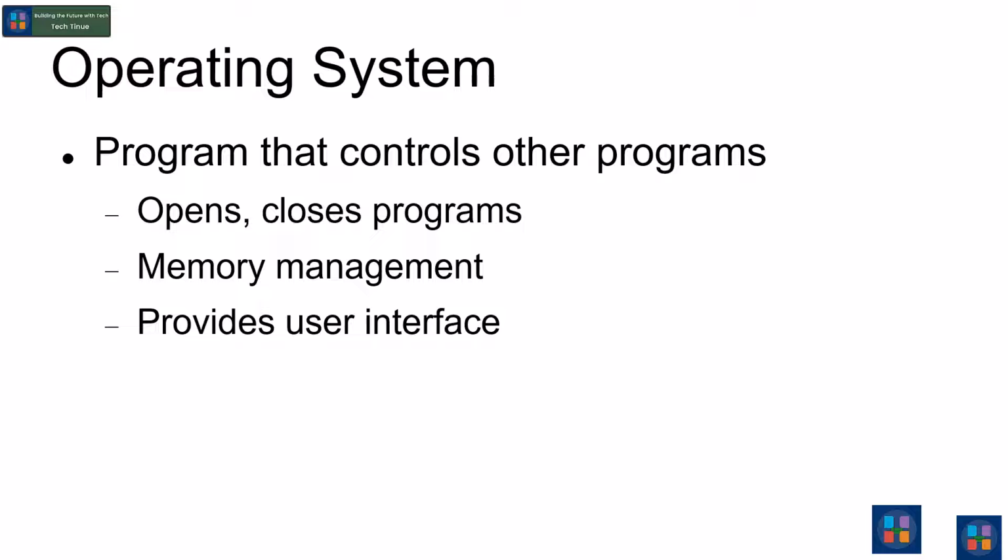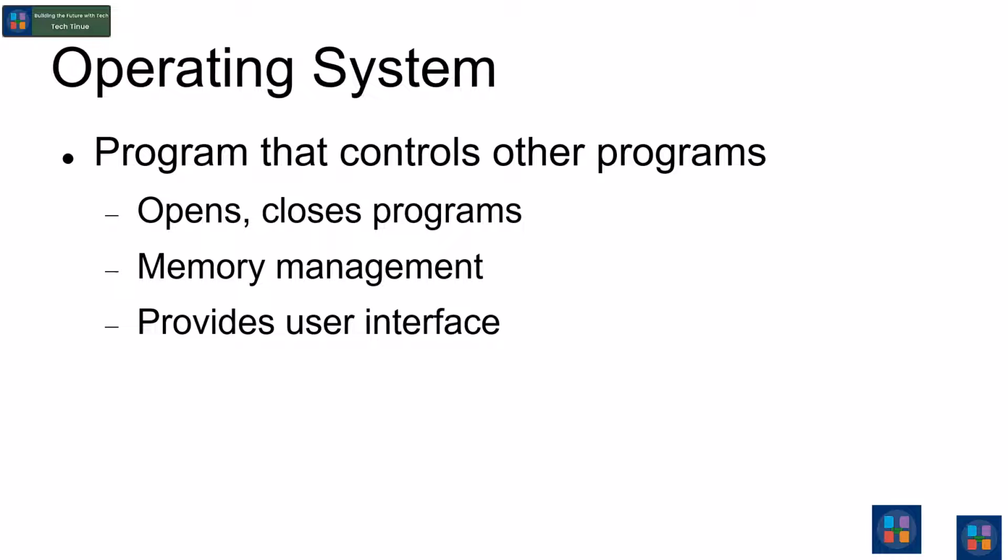So if you're trying to change your desktop wallpaper or something like that, that is an operation through the operating system. If you're trying to find an application to launch through whatever app launcher you're using, whether that's the start menu or one of the other various versions of an app launcher in a different operating system, that also is part of the operating system.